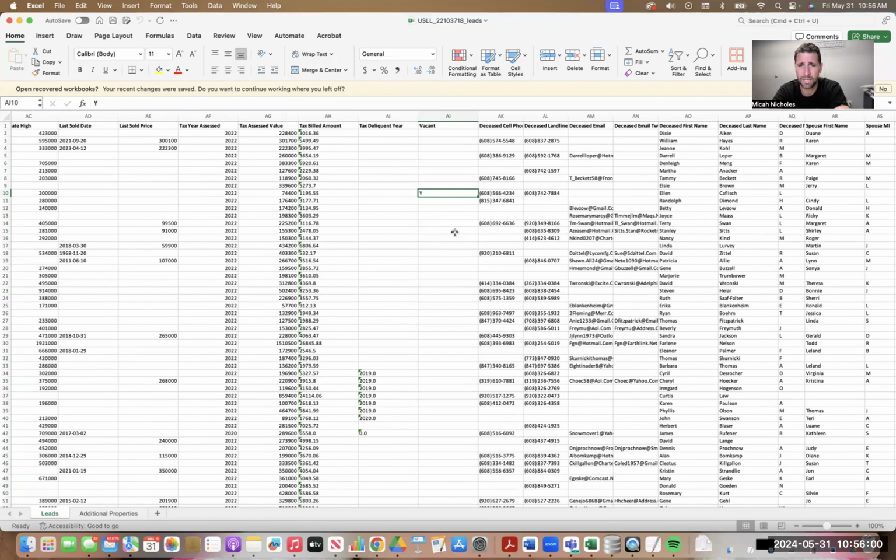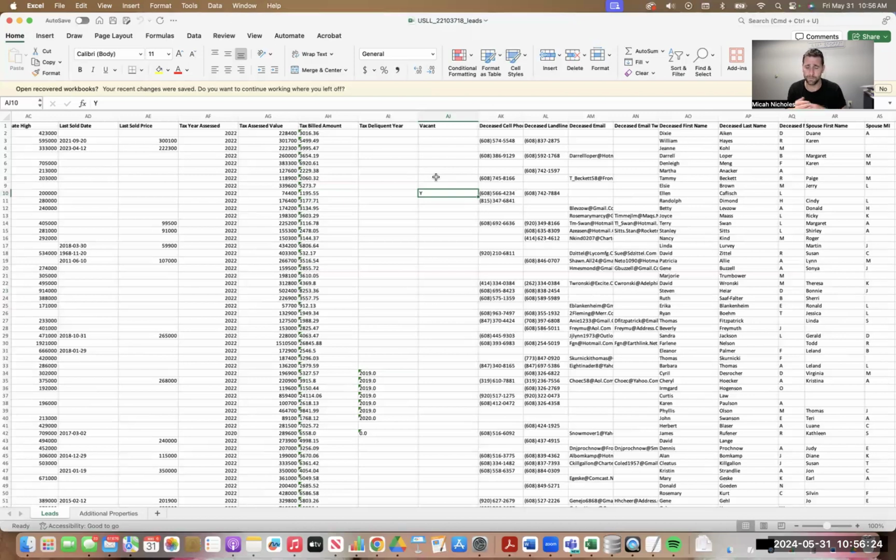Both of those imply the same thing, but you really should be approaching these vacant properties in a different way. Obviously, if a property's sitting there vacant and someone passed away, this is a property that's going to sell. Something's going to happen here. And this really is the meat of this list.